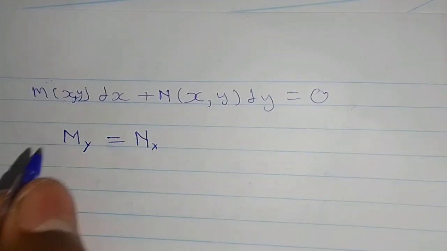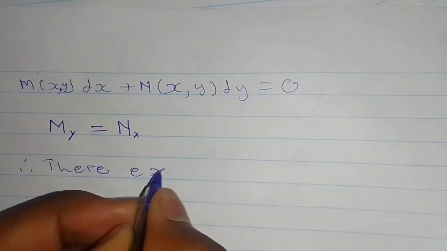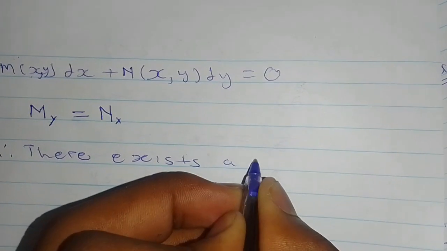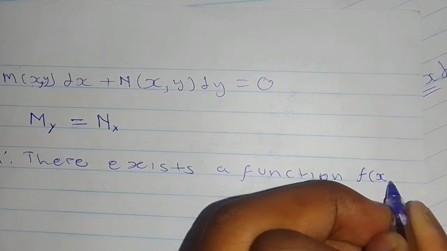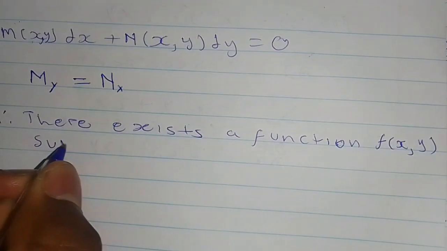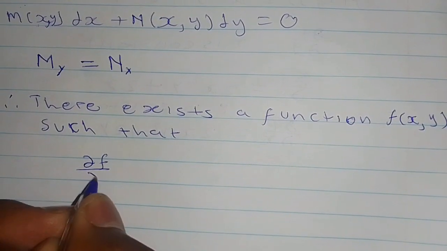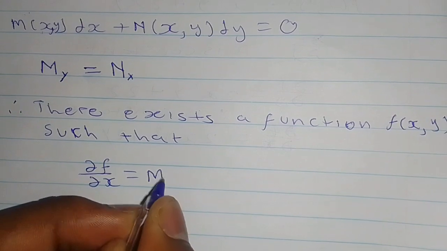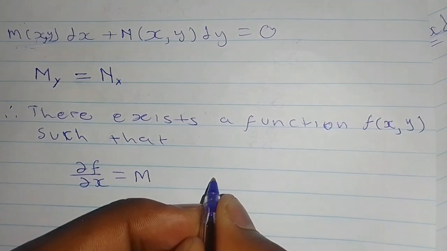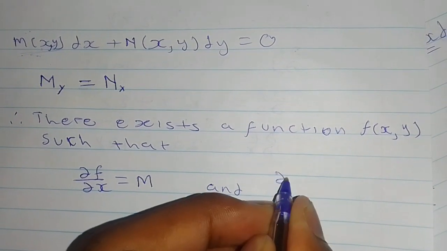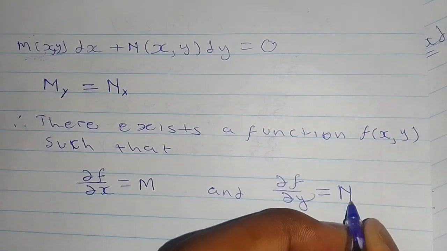You can say, therefore, there exists a function f(x,y) such that the partial of f with respect to x gives you M(x,y), and the partial derivative of f with respect to y gives you this function N.